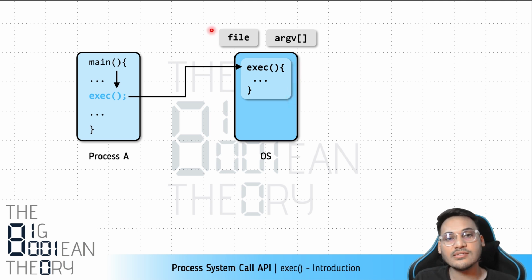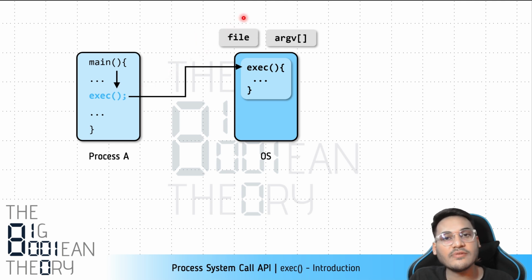And as we discussed, the two arguments that are specified to the exec system call are the name of the file and the list of arguments. Just a clarification here. In this diagram, I have written exec, but in this video, we are discussing a particular variant of the exec system call, which is execvp. Only execvp accepts the arguments in this format.